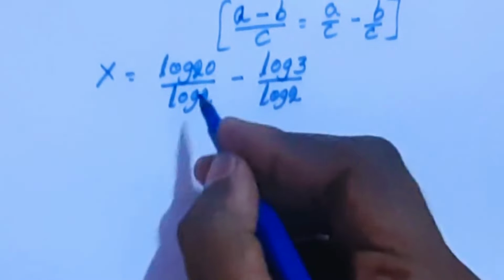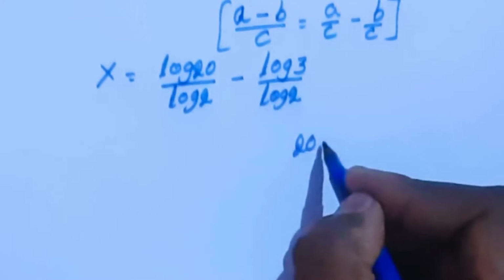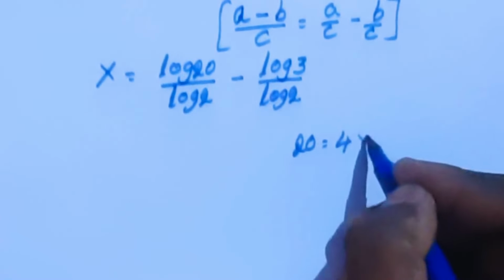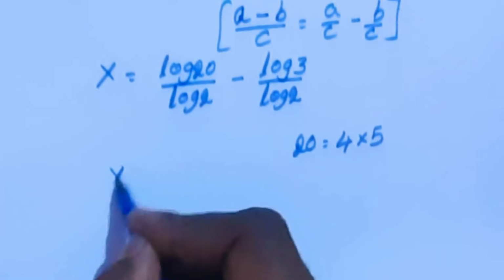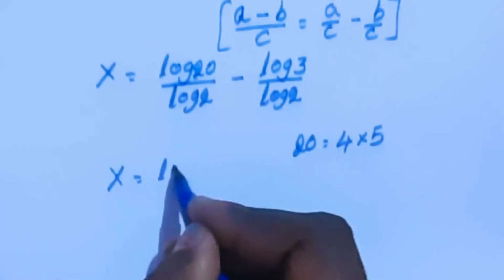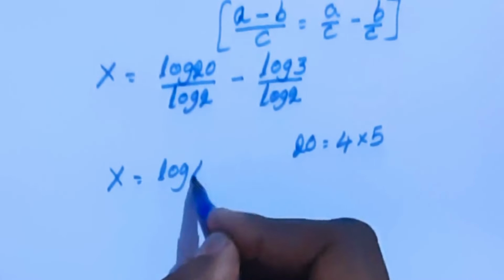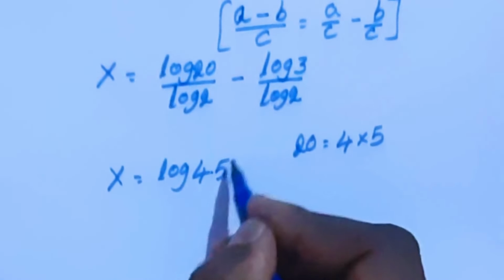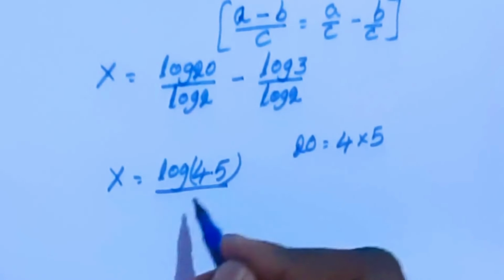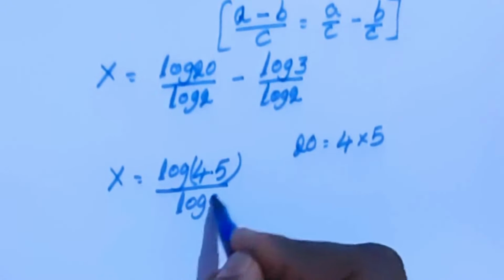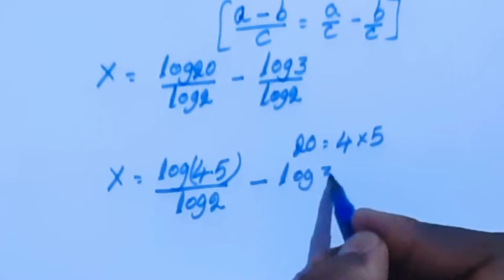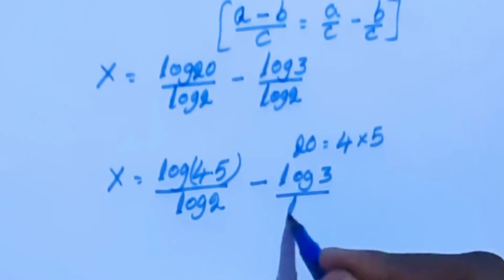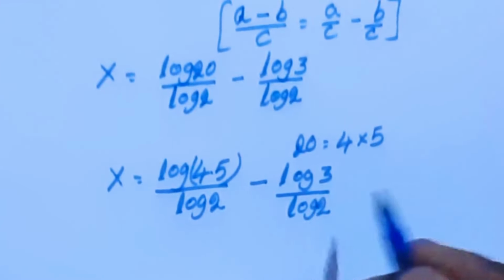Now this 20 can be written as 4 times 5. So x equal to log 4 times 5 by log 2 minus log 3 by log 2.